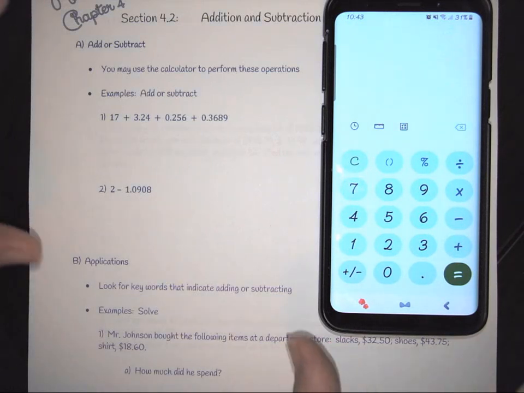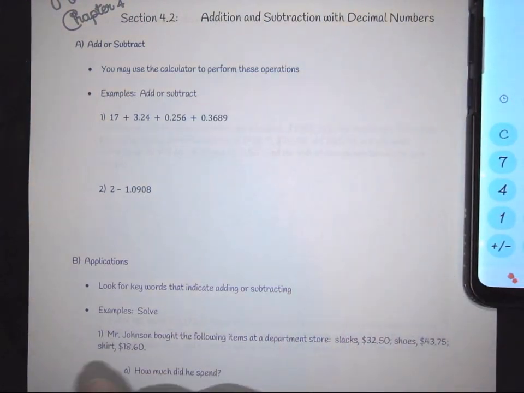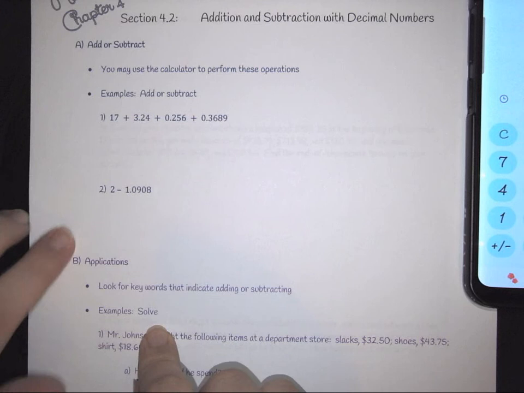So when we're talking about being able to add or subtract decimals, then we are literally just talking about being able to use our calculator to perform the operations that you see.